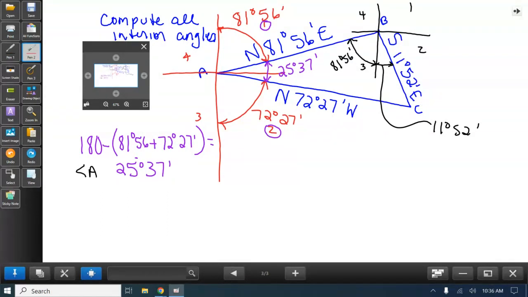And I'm looking for the angle between the two lines, between blue to blue. What do you think you would do with that? So you would take 81.56 plus the 11.52, and that would be the angle. Correct. You would just add the two angles.